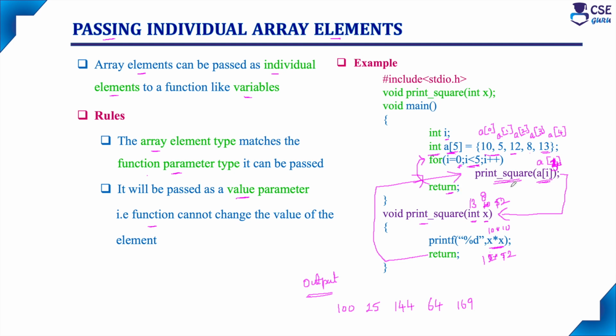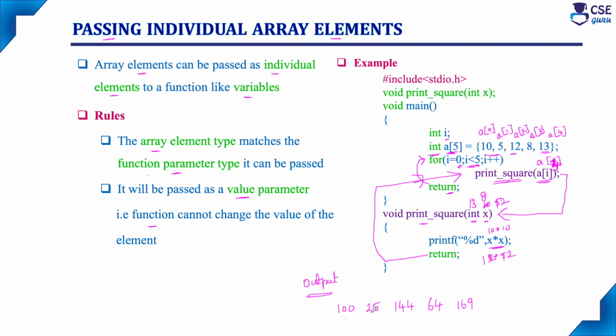Okay. So here, if we are considering, when i value is 0, this user-defined function will be called, and the element value 10 will be passed here, and it will print its square. Okay, so only one element we are passing every time. That is the meaning. So here the array will pass individual element to the function.